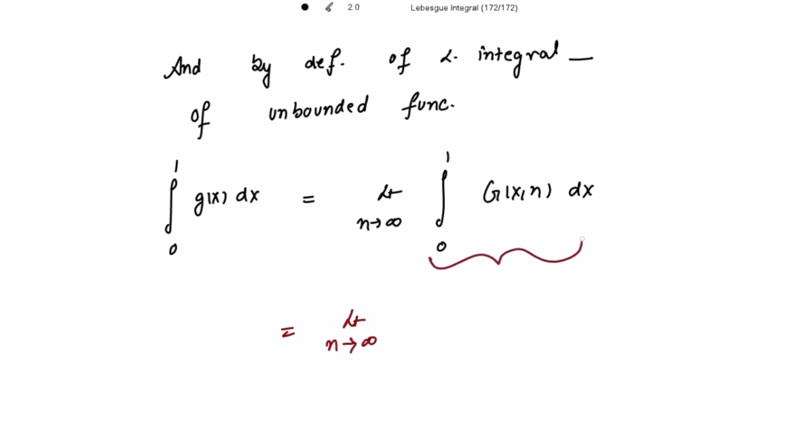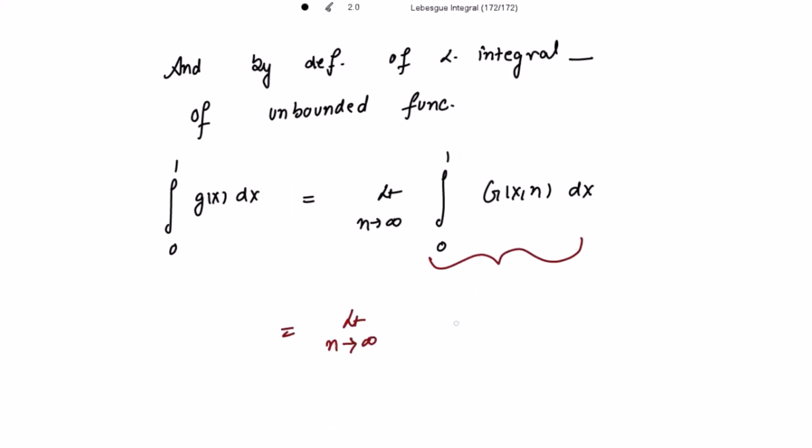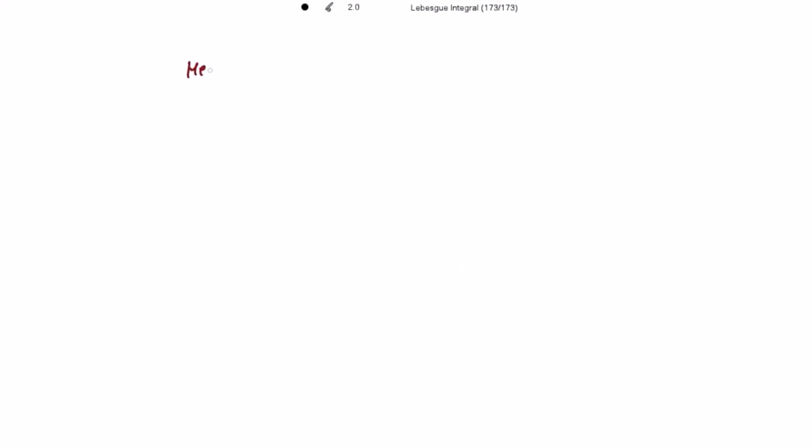What is the value for this? It is 1 plus log n. And when n tends to infinity over here, we get, what is log of infinity? It is infinity, right?